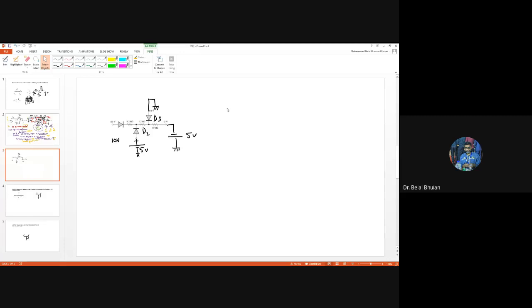Okay, so now I know that D2 is off. That means our assumption is wrong. Our assumption was right or wrong? Wrong. Because we assumed all the diodes are on, but we didn't find that all diodes are on. Assumption is wrong.